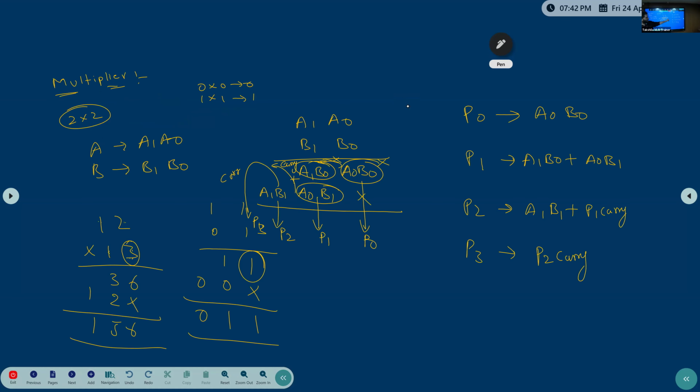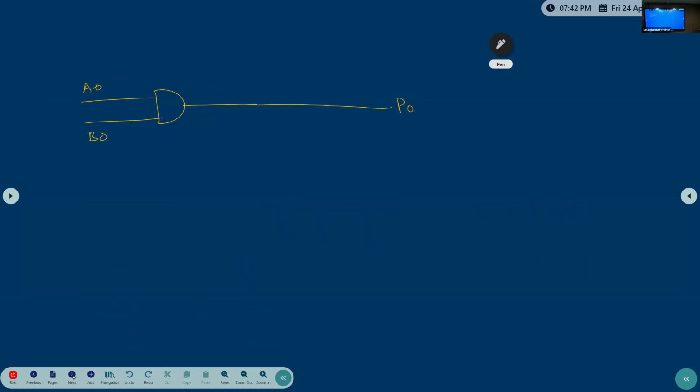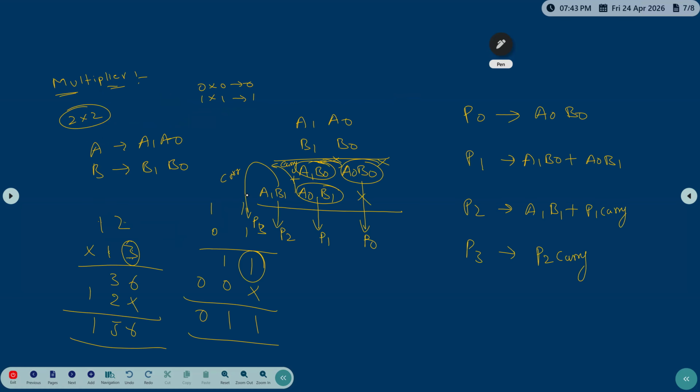Next one is A1 B0 and A0 B1. This both I need to give to an OR gate.